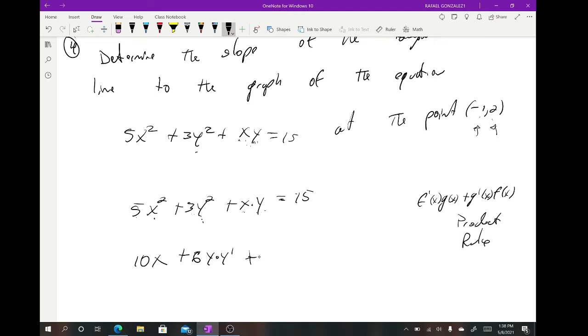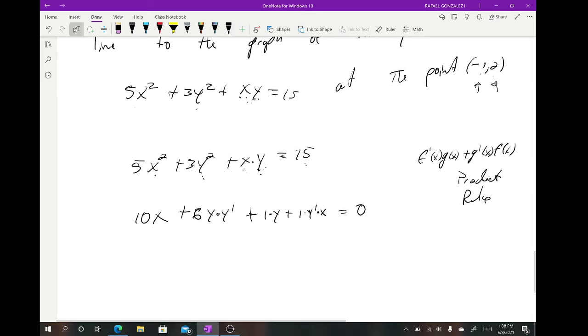The derivative of the first, the derivative of x, is just 1, so 1 times y, plus the derivative of the second is y prime, because remember we took the derivative of y, times x. And the derivative of 15 is just 0 because the derivative of any constant is 0.